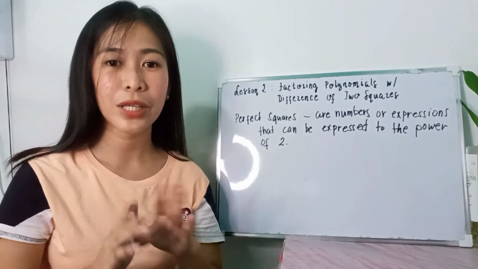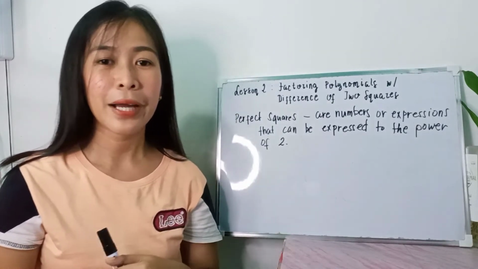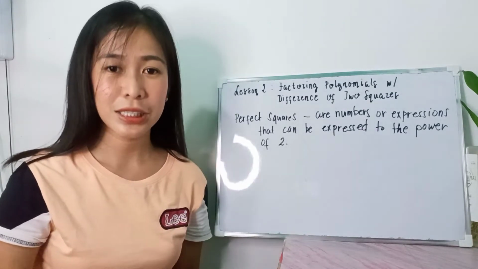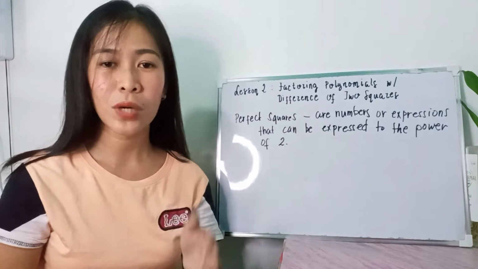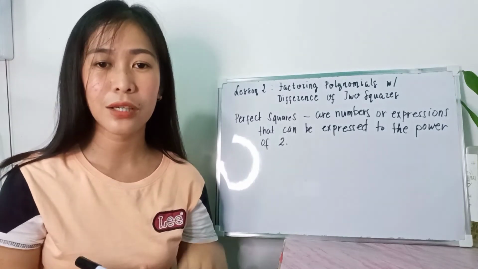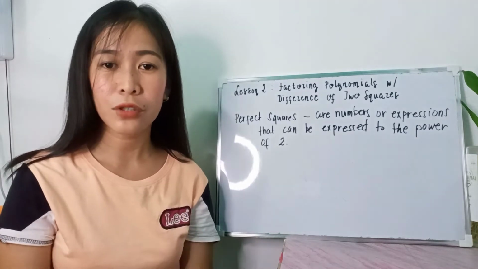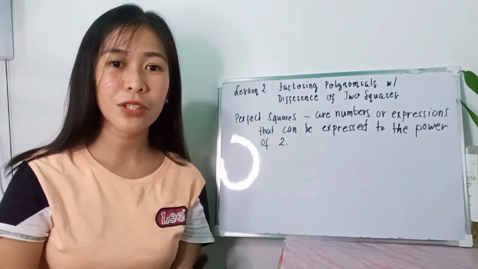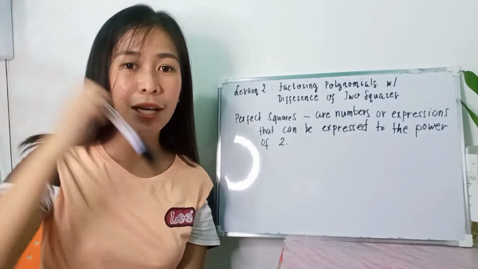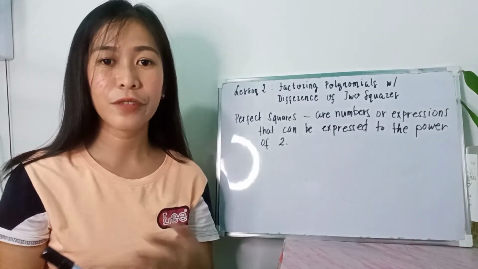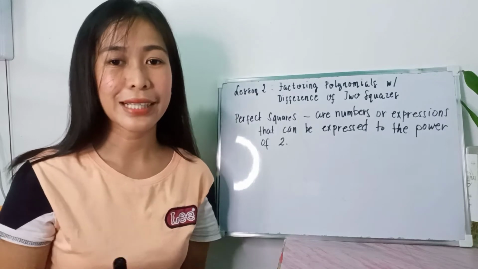Balikan nyo muna yon para mas maintindihan nyo kung ano ba yung ibig sabihin ng factor kasi diniscuss ko doon kung anong ibig sabihin ng greatest common monomial factor and how are you going to factor polynomials. Iiwan ko na lang dito sa taas or ilalagay ko sa description box below link ng video na in-upload ko the last time.